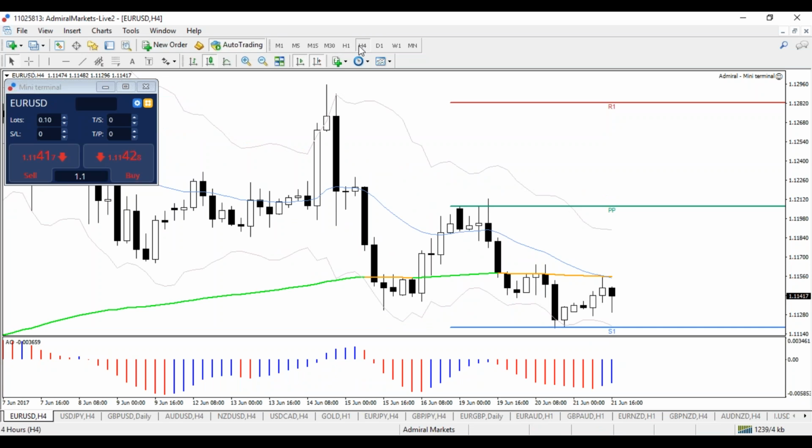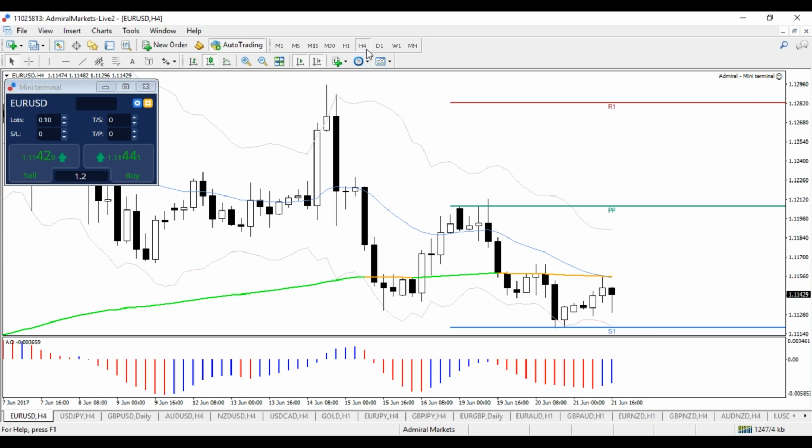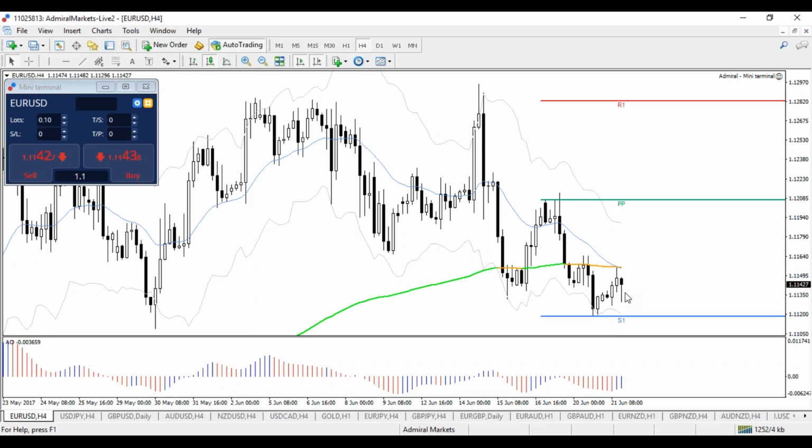So from this perspective, I don't think that this is a particularly good example at this moment. But if the euro dollar would get back up to the pivot point, for instance, I think that could be an interesting resistance zone where I would be interested in looking for a candlestick pattern. And if price does this and then turns, I could put a fib from here to here.